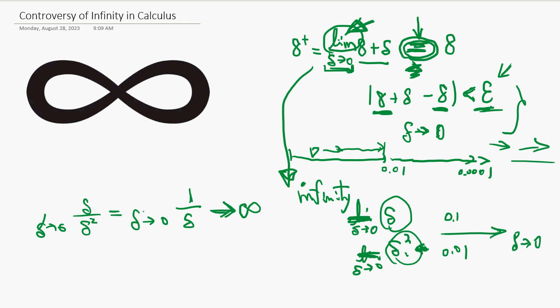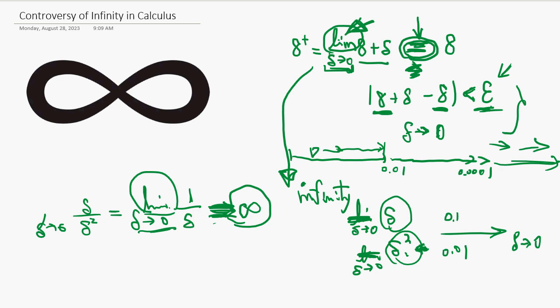You put the limit: you move delta to 0 forever, then it becomes infinity. Before you move forever, delta gets close to 0 but it's still somewhere before infinity. If you put the limit, it means you go all the way, move the slider all the way forever, then it becomes infinity.